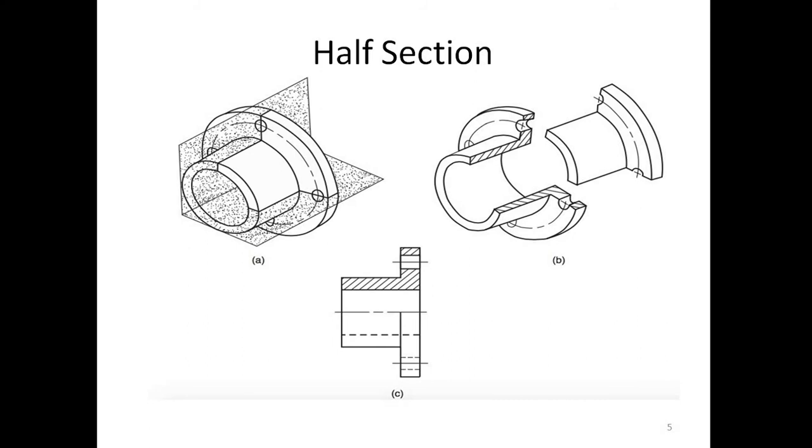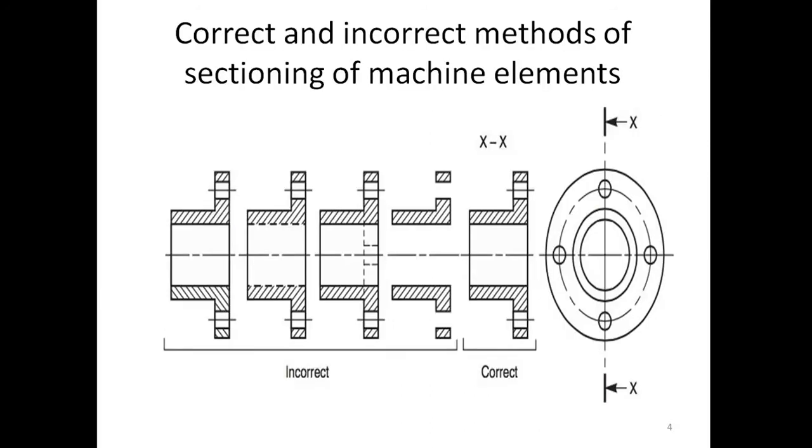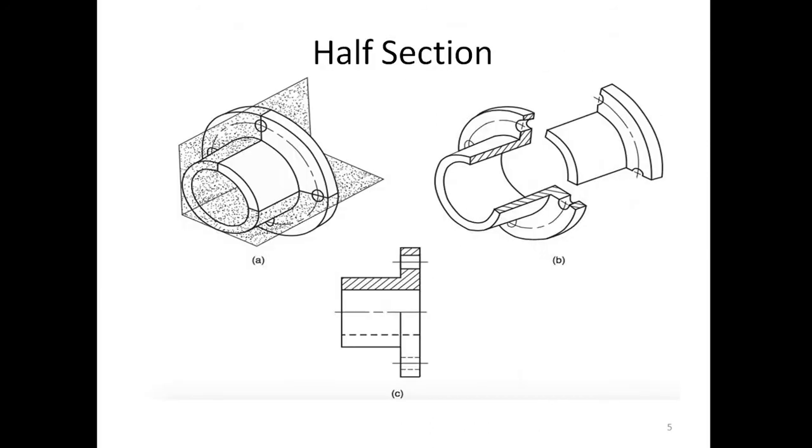Half section. In the last case, the cutting plane is at the center, that is a full section, but in some cases, depending on the drawing, a half section is also taken. The half section A is shown here, the half section cut plane is shown, and when it is cut by half section, the view is shown here, and its cut section is also shown.